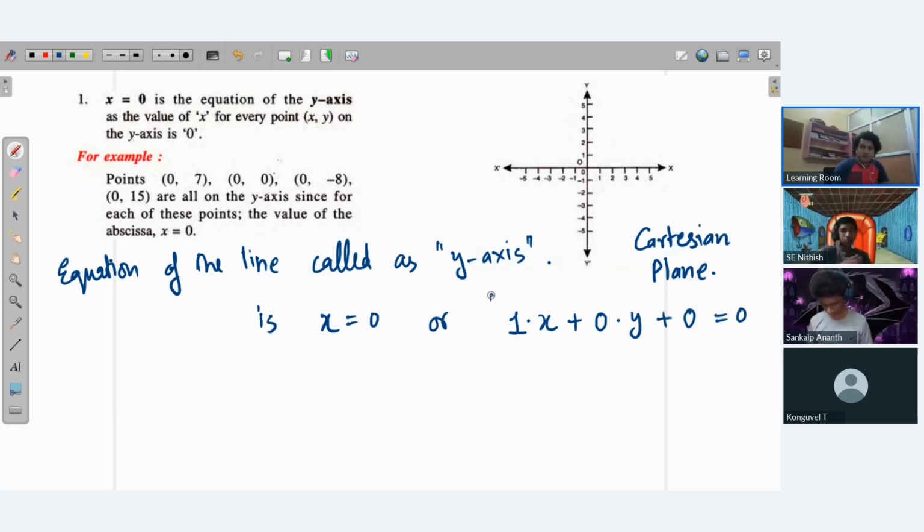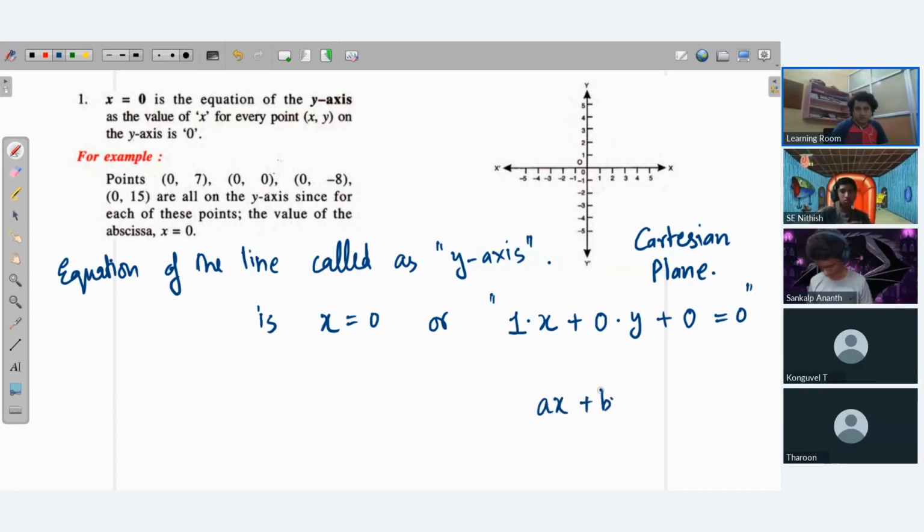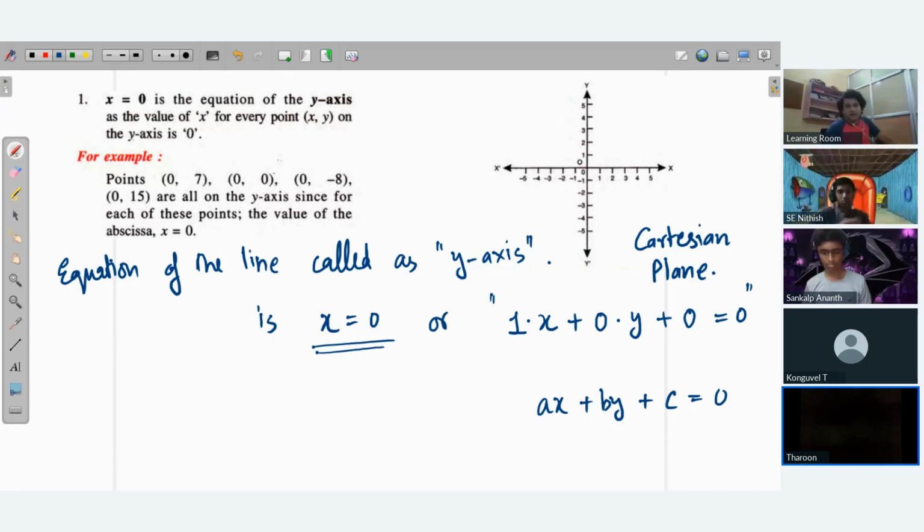Generally a linear equation is ax plus by plus c is equal to 0. That's what we call a linear equation. When we want to know the equation of the line called the y-axis, this x equal to 0 is the equation. Why does it happen to be so?